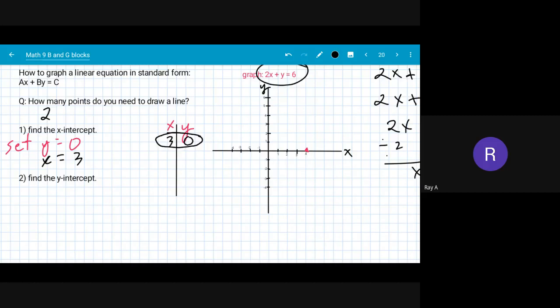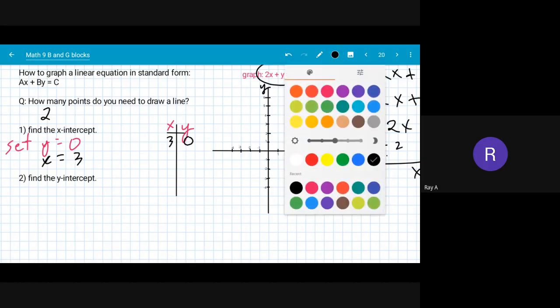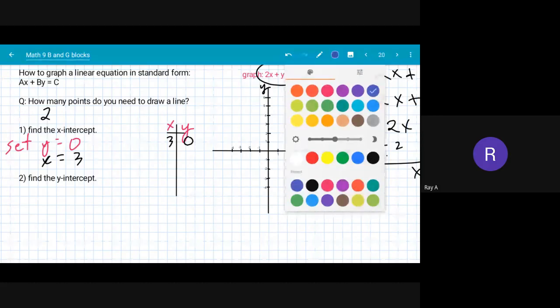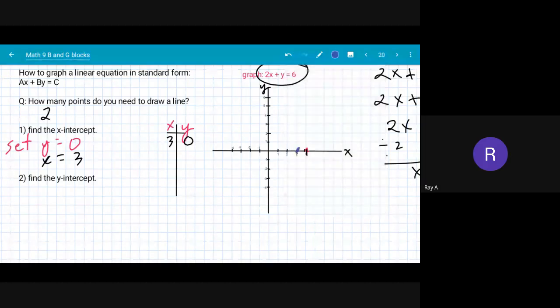Where is the point in your graph? Ignore this, I should have erased that. X is 3, y is 0. I'm going to use a blue one for this. X is 3, y is 0 right here, somewhere here. So there is your (3, 0).